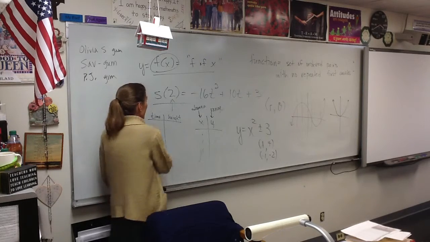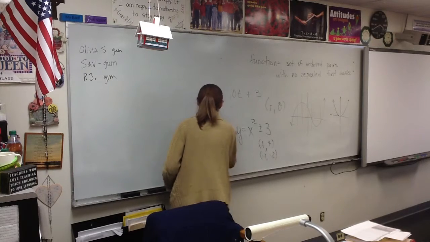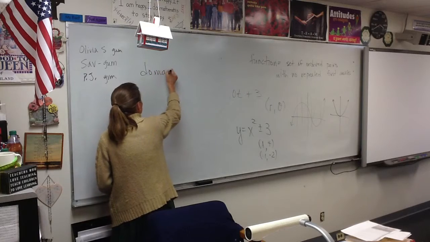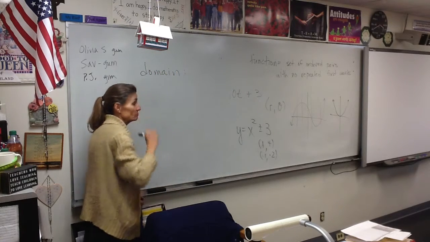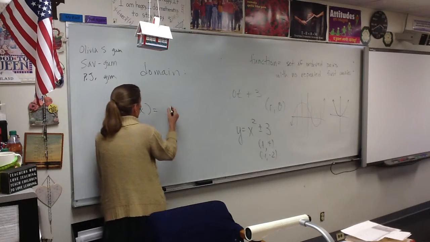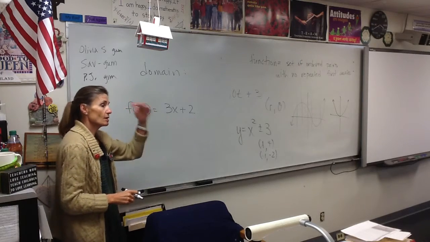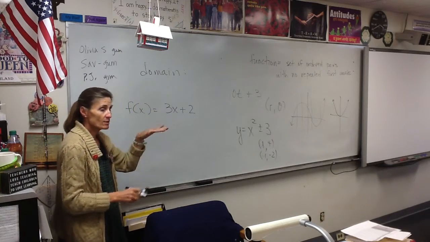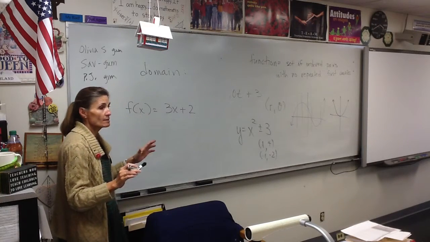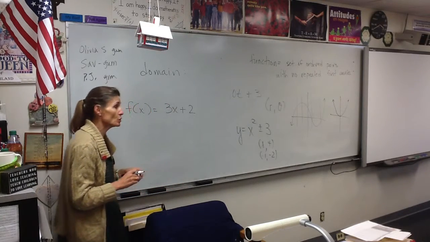When we analyze functions, we look at lots of things. One of the things that we talk about is its domain. If I have a function like 3x plus 2, I told you a second ago that you are going to operate under the assumption that your domain starts as all real numbers, unless there's something in the equation that would change that.